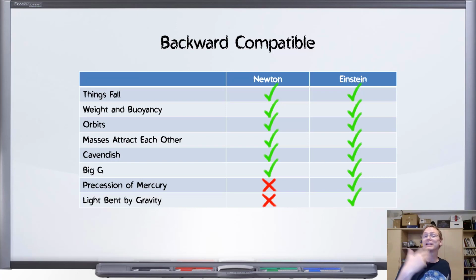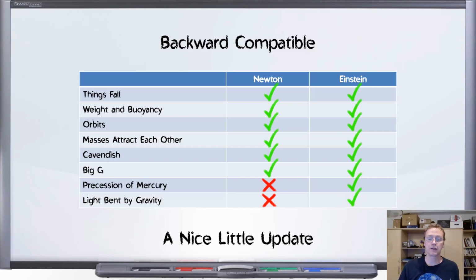So any new release of a new law has to be backward compatible with those things. However, there were a few known and now some unknown bugs in Newton's laws that were not perfect, and that's where Einstein has the opportunity to fill those in and make for us a nice little update in our software package, a nice little improvement to the law.